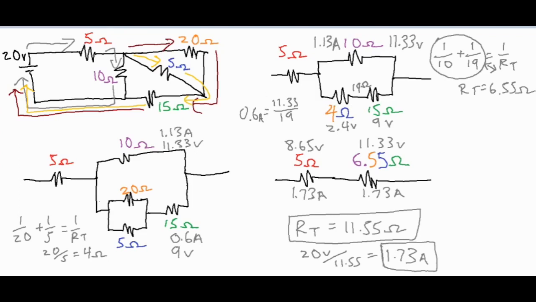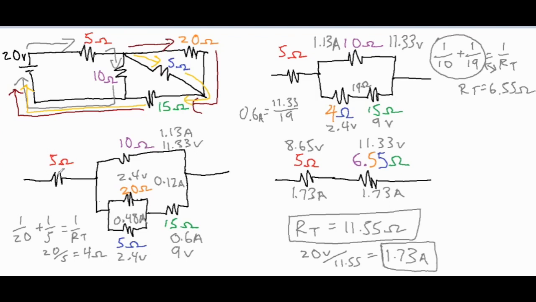So each branch in a parallel circuit receives the same voltage drop. So this is 2.4 volts and this one is 2.4 volts. And again, we have two out of our three variables, so we can do V over R to get our I, and then the current for this one is 0.12 amps, and the current for this one over here is 0.48 amps, and that 0.48 plus 0.12 does equal that 0.6 that flowed through that series circuit from the initial diagram.